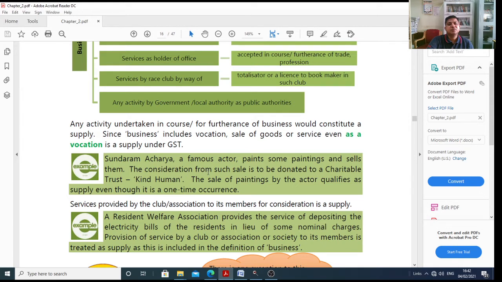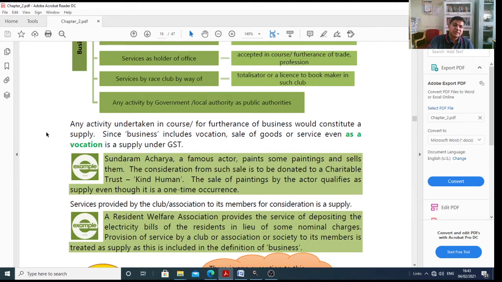The consideration from such sale is to be donated to a charitable trust, Kind Women. The sale of paintings by the actor qualifies as a supply even though it is a one-time occurrence.